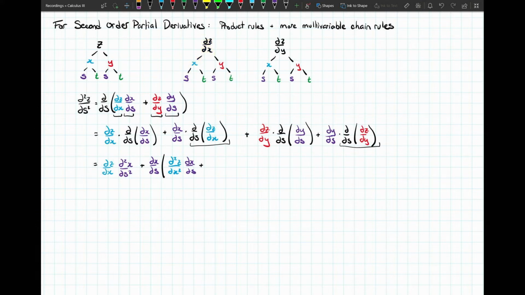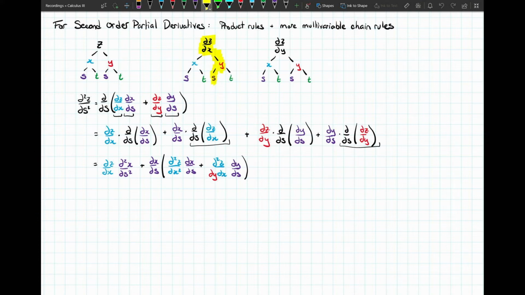Now we're going to be taking a look at del z by del x, taking the partial derivative with respect to y, and then multiplying by the partial derivative del y by del s. Be careful about the order of partial derivatives in this notation. We started off with the derivative del z by del x, and if we differentiate with respect to y, then in the denominator we have del y del x, in the numerator del squared z.